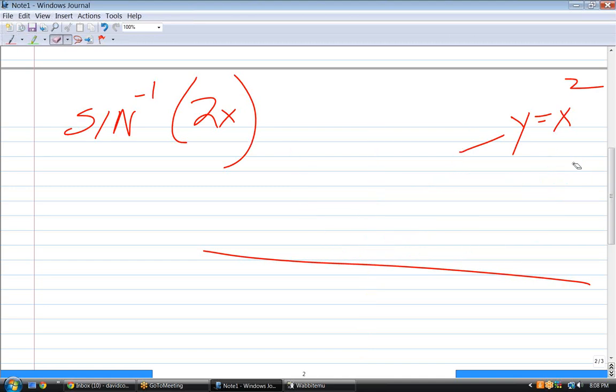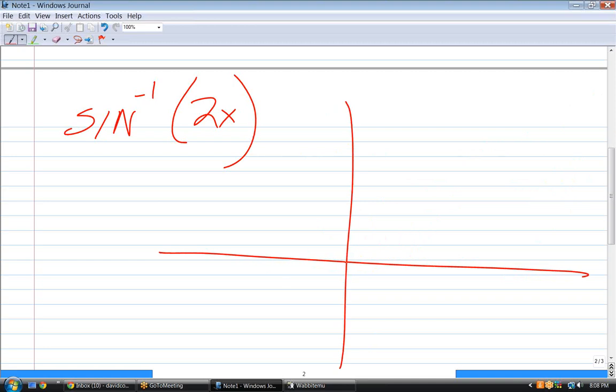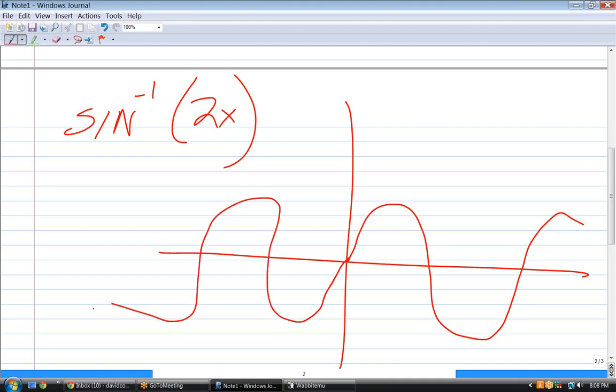Okay, now let's talk about trig functions. If I have my sine function and I were to take the inverse of that, I can tell that this is not one-to-one. It does not pass the horizontal line test.